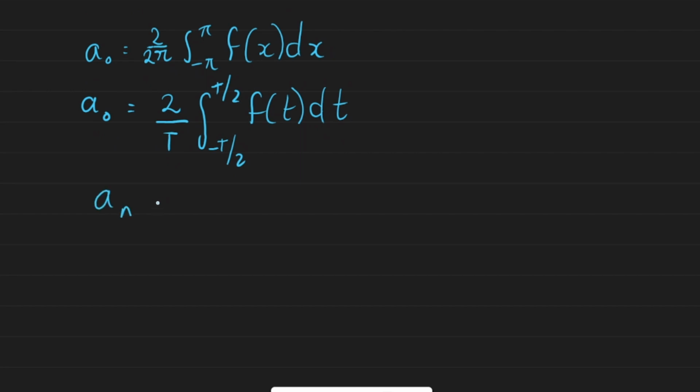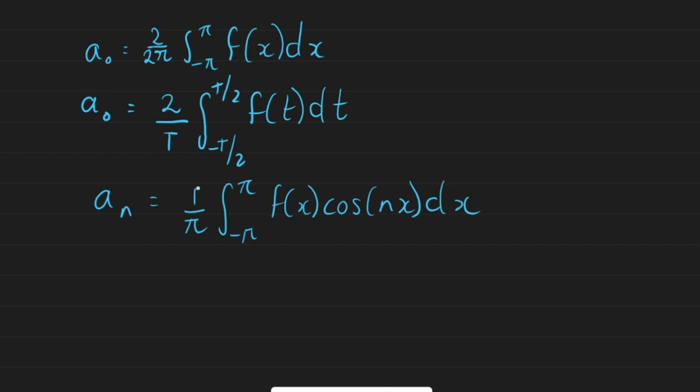For an, if we remember what it was, 1 over pi, and integral from minus pi to pi of f of x cos nx dx. In the same way, this 1 over pi is the same as writing 2 over 2 pi.